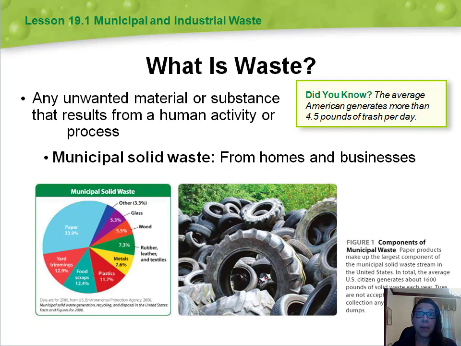There are three main categories of waste. The first is municipal solid waste. This is non-liquid waste that comes from homes, institutions, and small businesses. The next kind of waste is industrial waste.